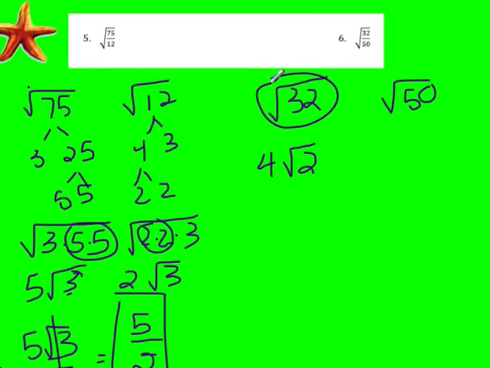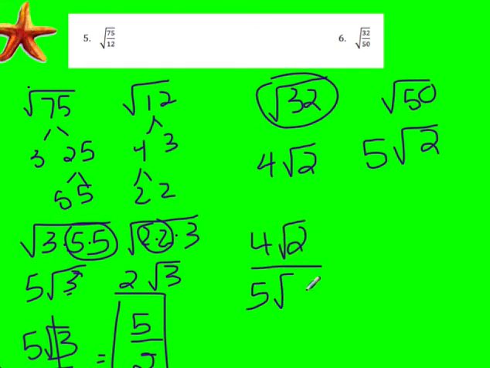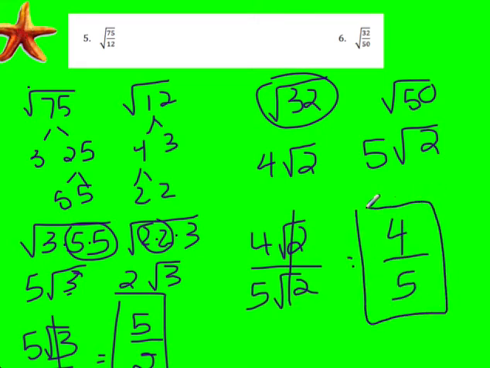And I already did 50 on number 6, and when I did 50, I got 5 square root of 2. So now we can write that as a fraction, 4 square root of 2 divided by 5 square root of 2. So we can cross off our square roots of 2 and we're left with 4 divided by 5. If we've already done the radical, there's no sense in us continuing to repeat it over and over again.